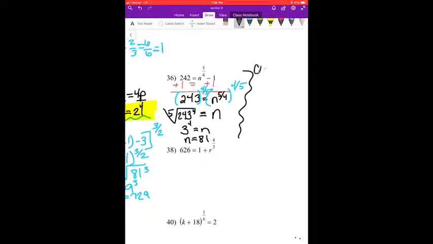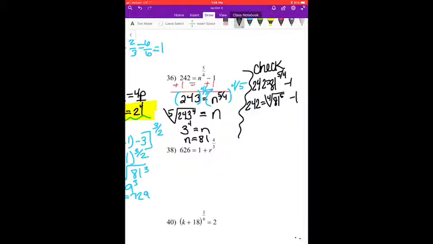So let me check my work. So that would be equals 81 raised to the 5/4 minus 1. So 242 equals the 4th root of 81 raised to the 5th, minus 1 is not under the radical.